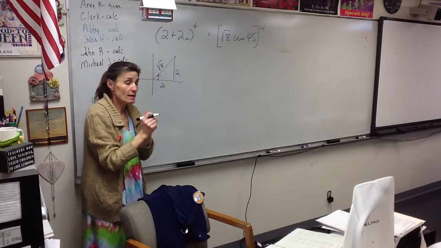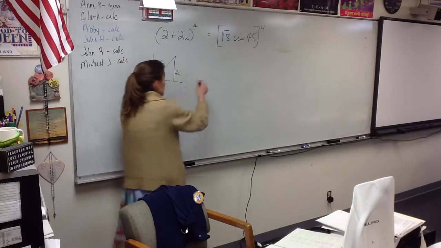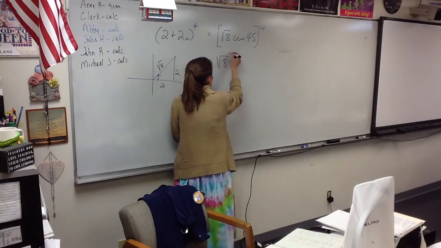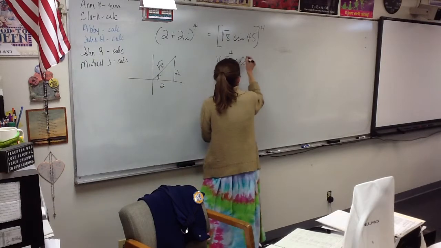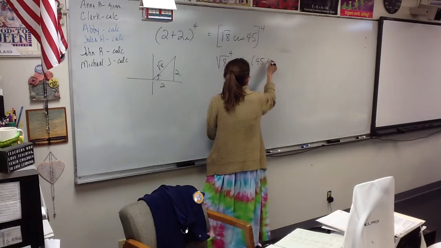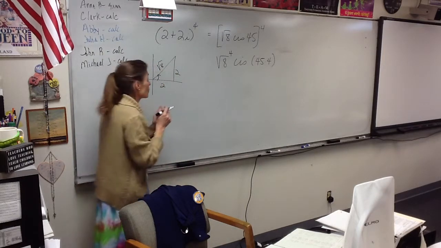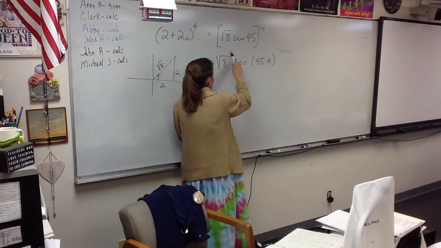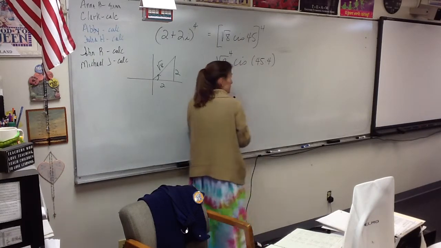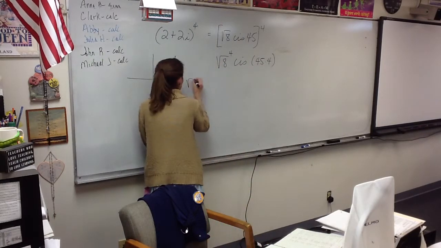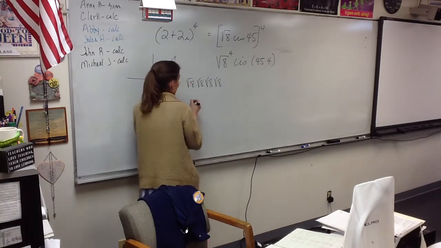In order to raise this number to the 4th power, we take the radius to the 4th power, and we take the angle times the 4th power, so times 4. So root 8, root 8, root 8, root 8. 64.